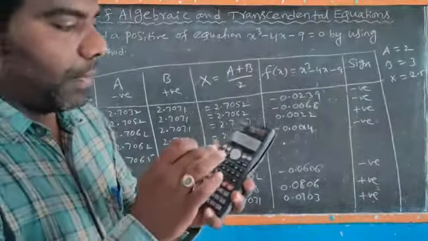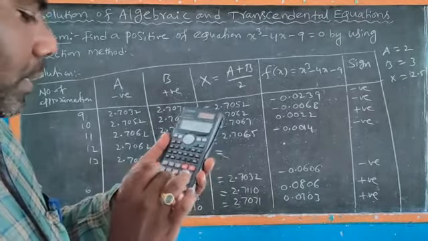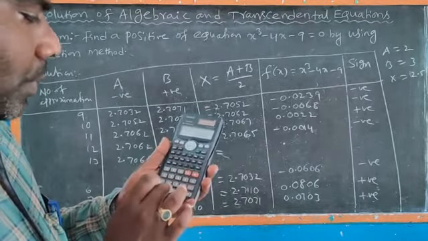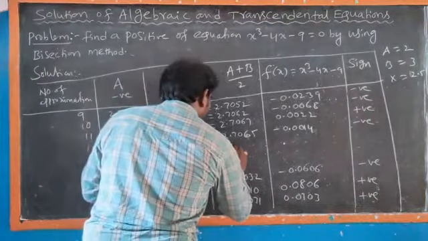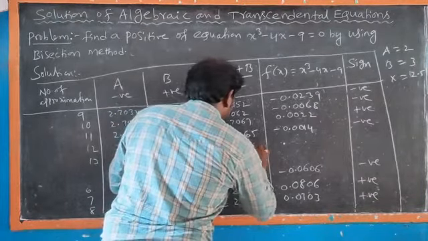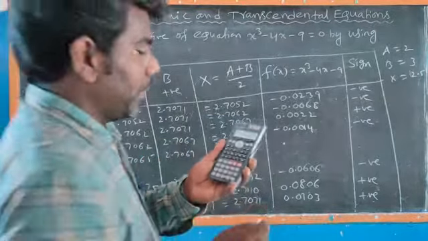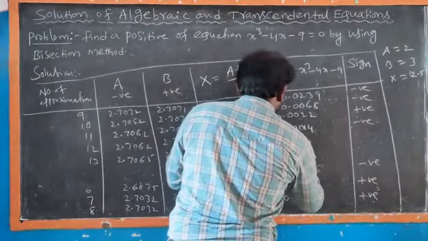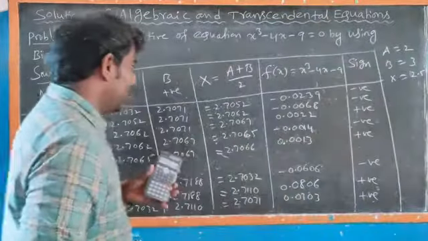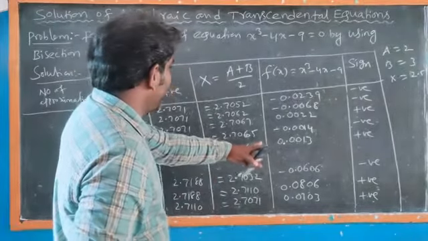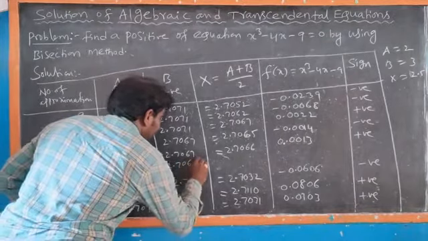Now go back to the formula. Calculate the a value: 2.7065. That equals 2.7067. That equals 2.7066. Okay, substitute x value in the equation, then 0.0013. This is a positive value. Okay, next. So f of x is positive, then substitute x value in the positive. 2.7066.